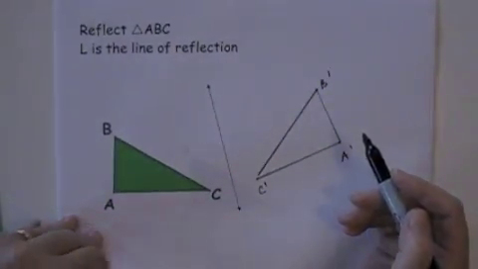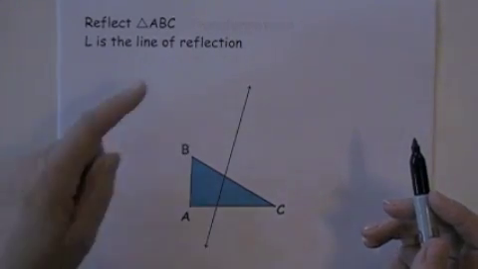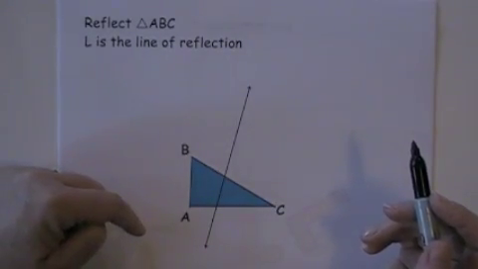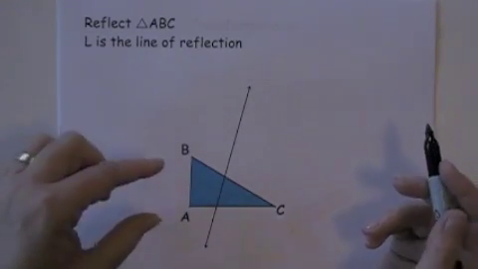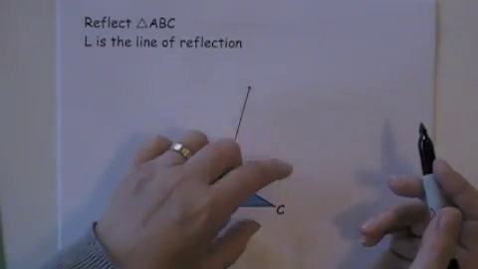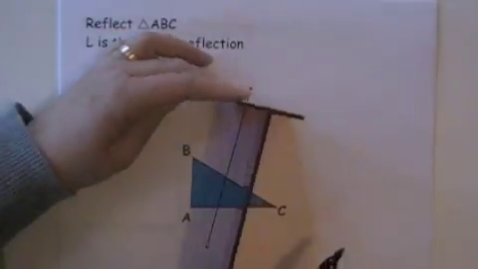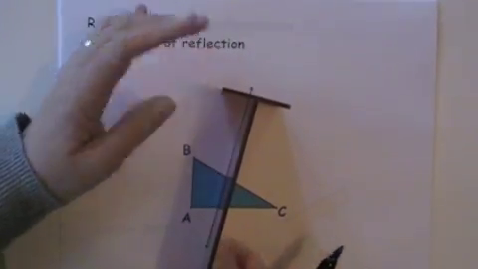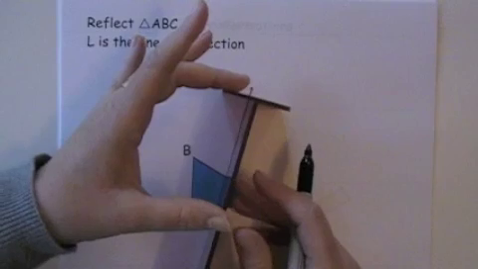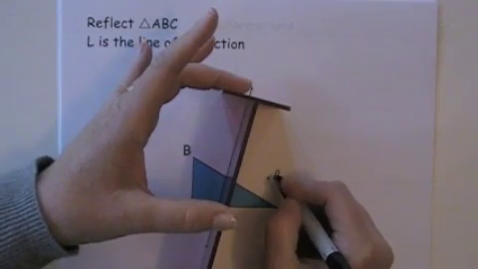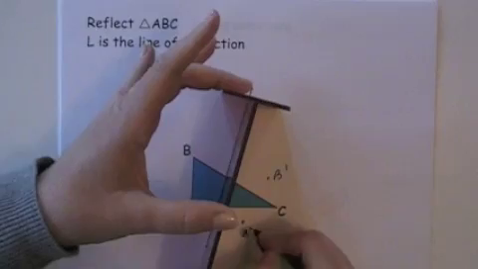The only thing I can do to make that a little bit harder is to perhaps put the line of reflection right through the object. And in that case, what you'll do is reflect A and B over here and point C over there. So again, with my reflector, I'm going to reflect points A and B. Call that B prime. Call this point A prime.